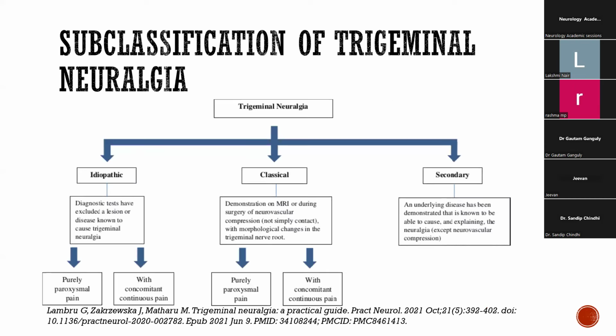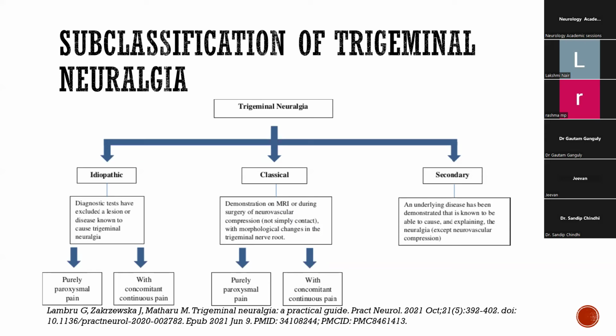So this is the current classification of trigeminal neuralgia. It can be classified into idiopathic, classical, as well as secondary. In idiopathic trigeminal neuralgia, all the diagnostic tests will be negative, and there will not be any lesion or disease known to cause trigeminal neuralgia.